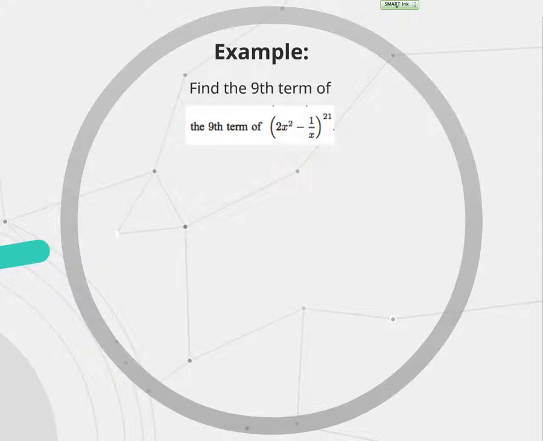Bonus question, how many terms will there be? We talked about this on Tuesday. 22. Remember, the number of terms is 1 more than that expansion number.